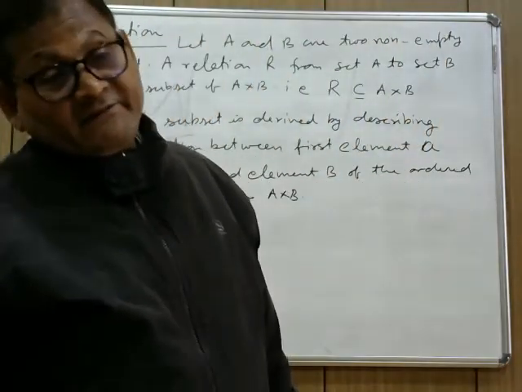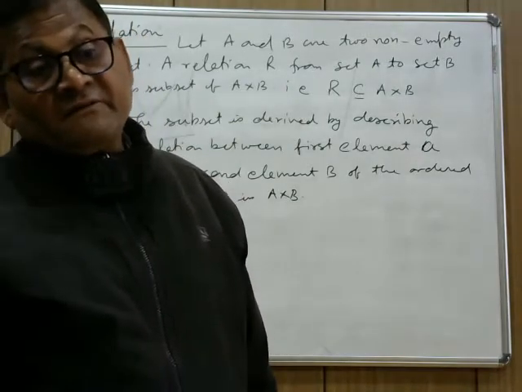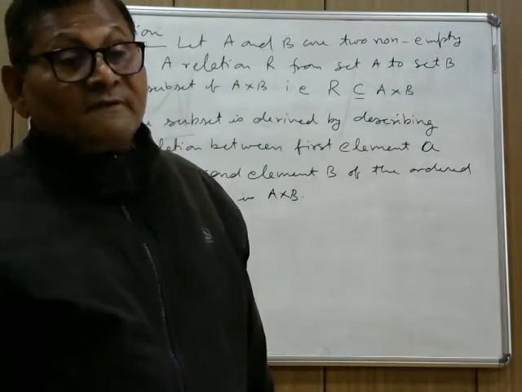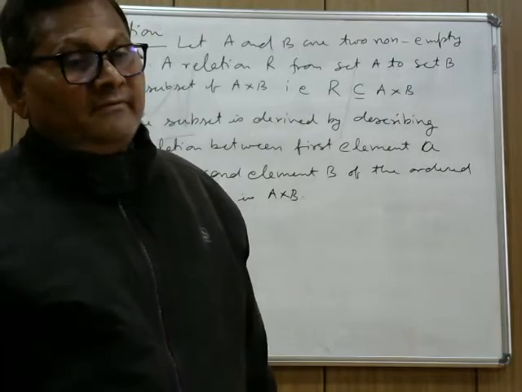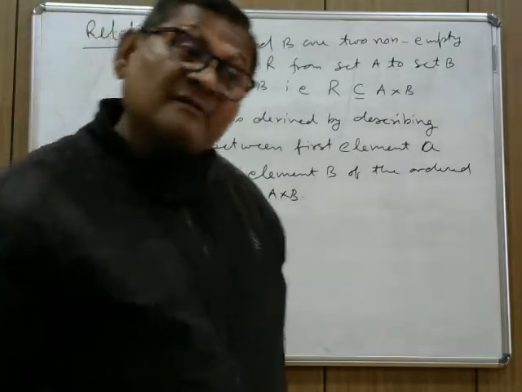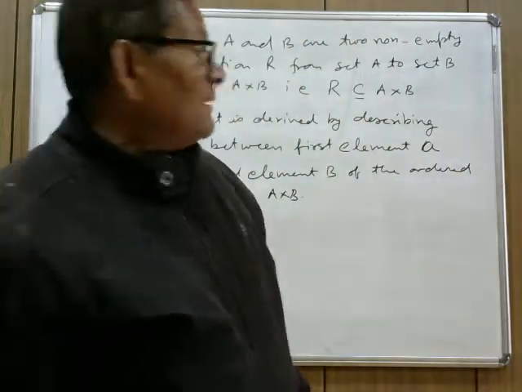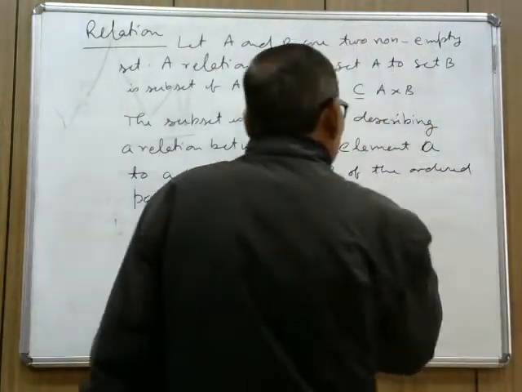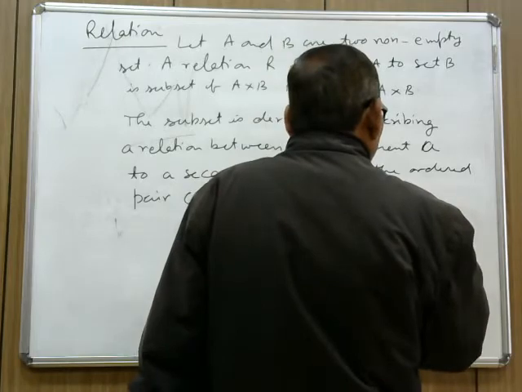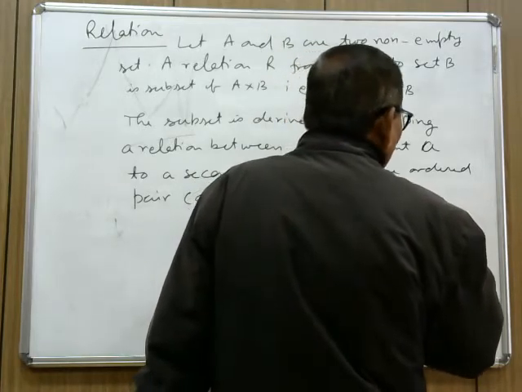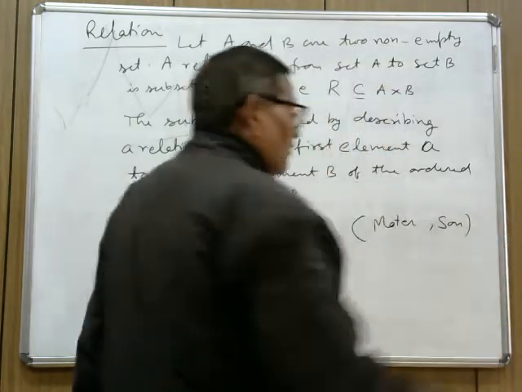This subset is derived. This is not an ordinary subset. This subset is derived by describing the relationship between the elements of A and B, like this. For example, mother and son. What relationship in this ordered pair?